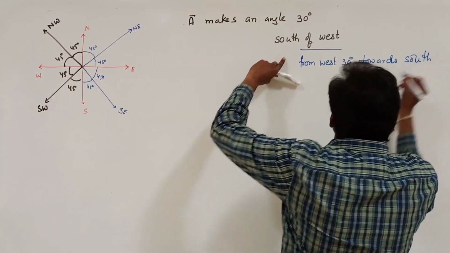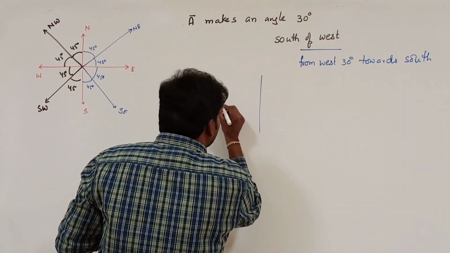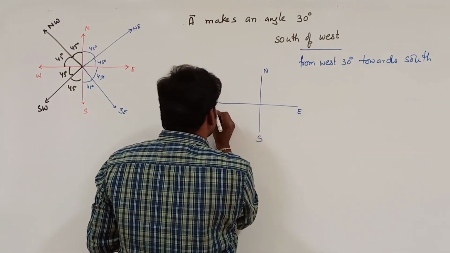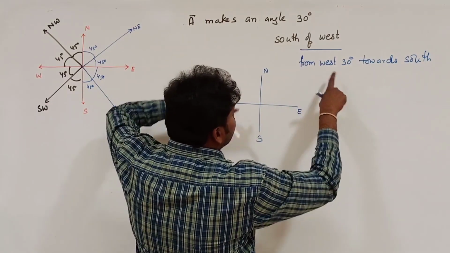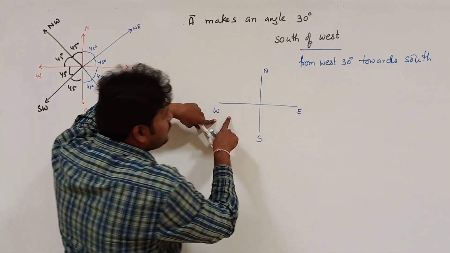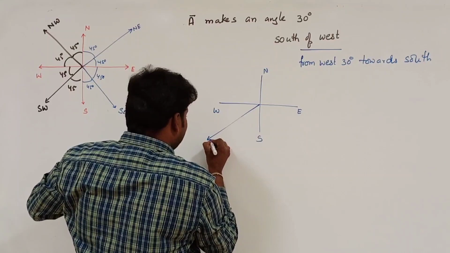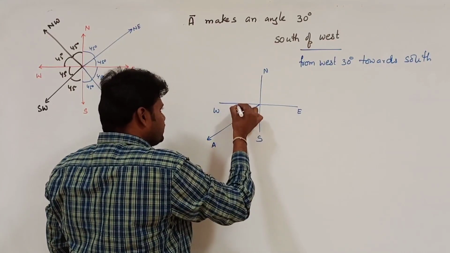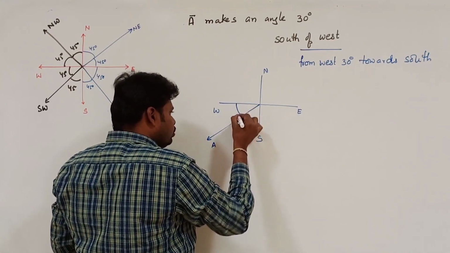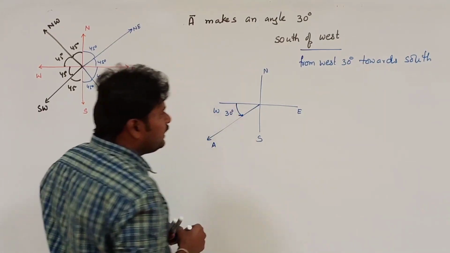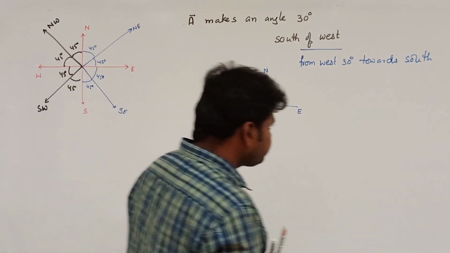How to write this? Simple: north, south, east, west. Now from west, this is 30 degrees towards south. I will make a vector A from west, 30 degrees towards south. This is a simple one, and we will see another example.